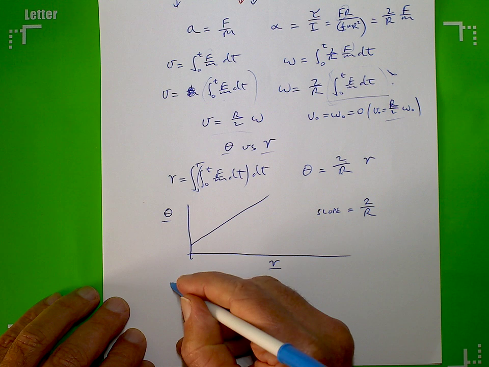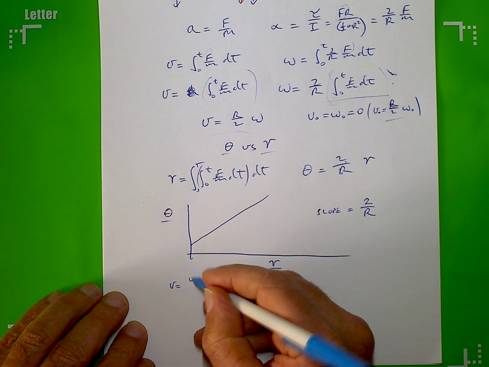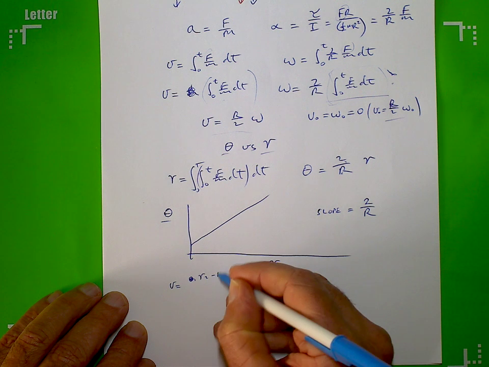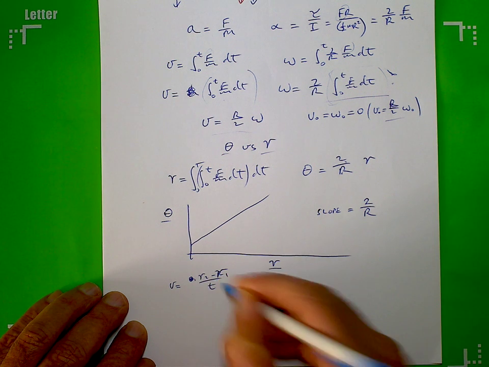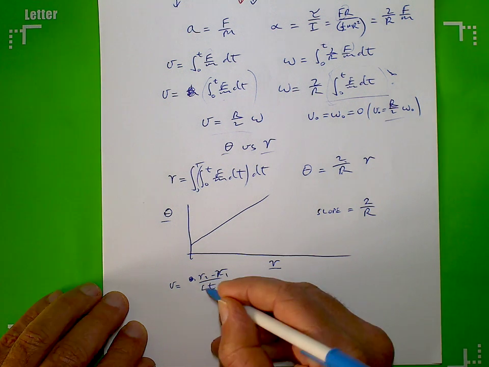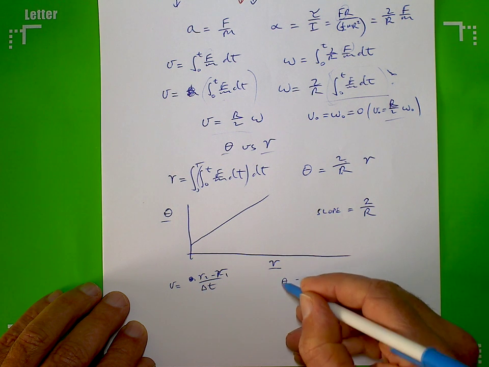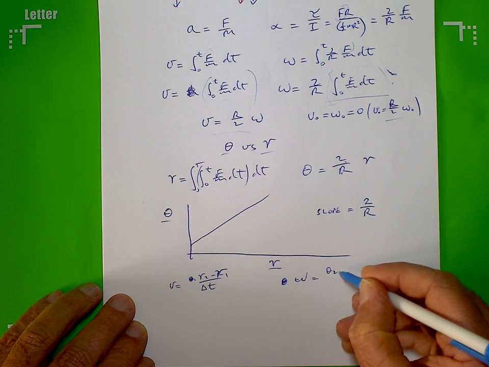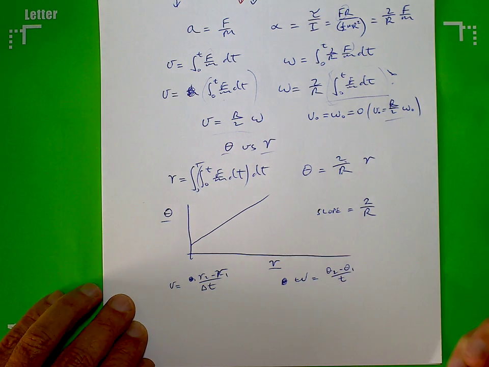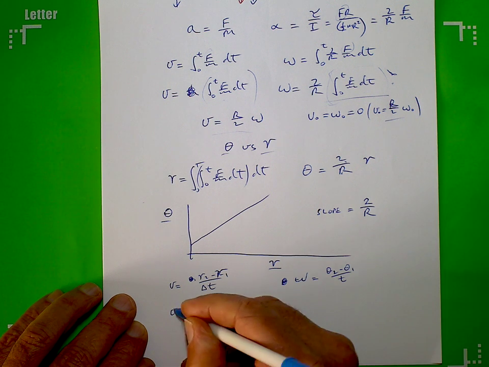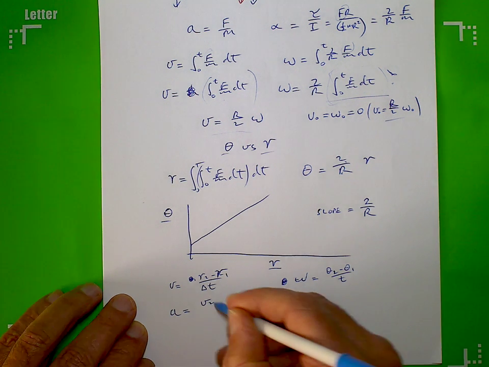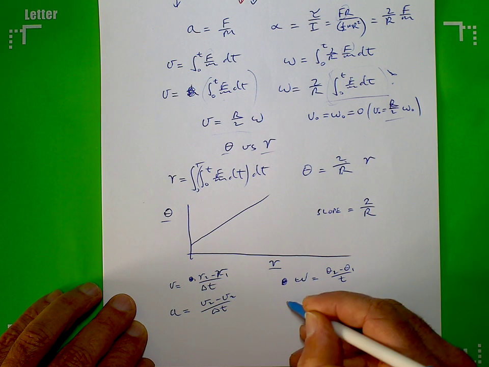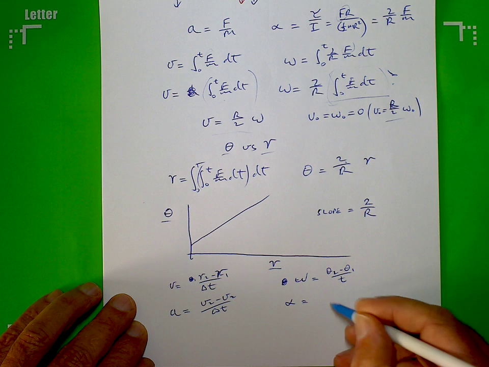To calculate the velocity, you had to take a couple of r values, two r values divided by the time, and to calculate omega, you had to take two theta values and divide by the time. To calculate the acceleration, you had to take two velocity values and divide by the time between them, and to calculate the angular acceleration, you did the same.